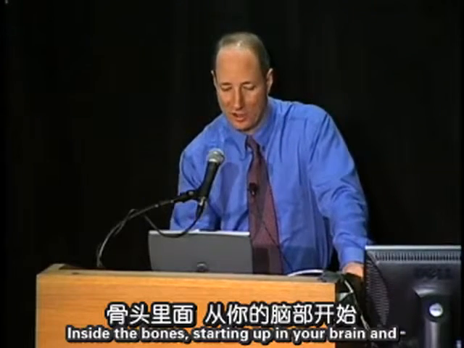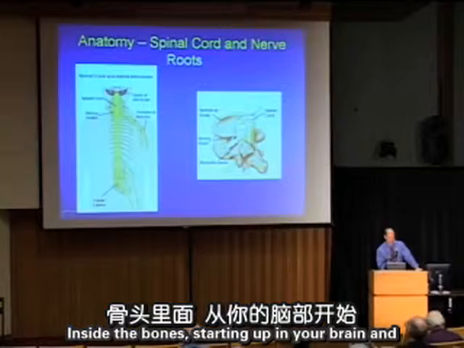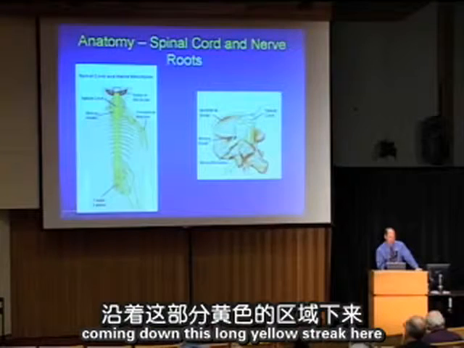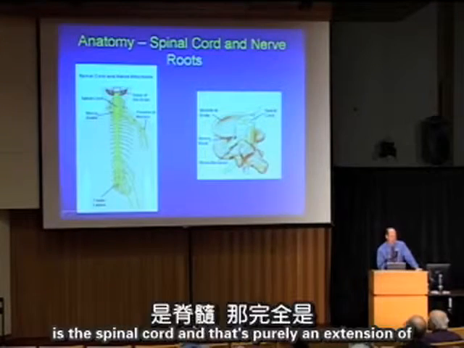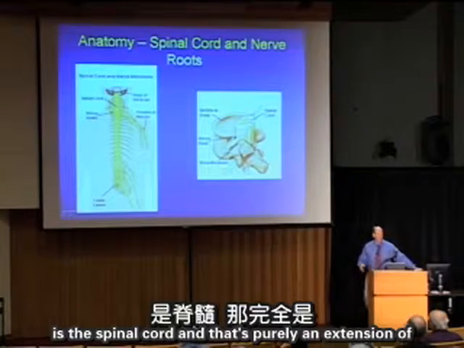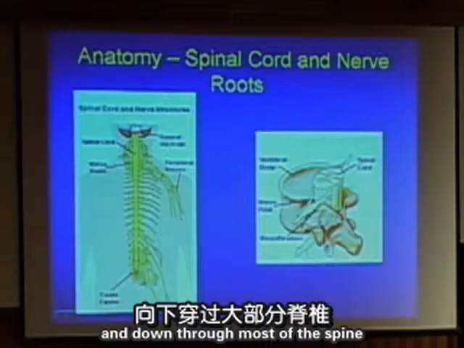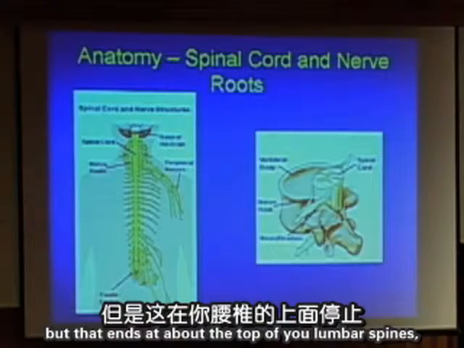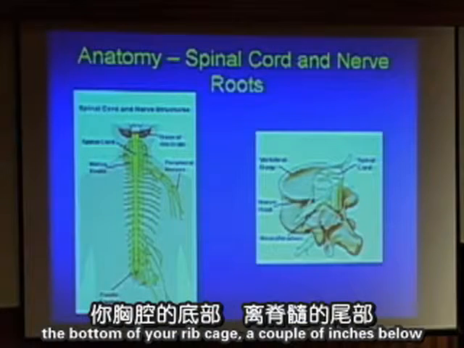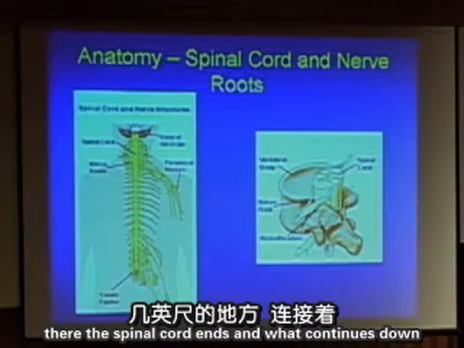Inside the bones, starting up in your brain and coming down, this long yellow streak here is the spinal cord. And that's really an extension of brain tissue that comes down from the bottom of the brain and down through most of the spine. But that ends at about the top of your lumbar spine. So at the bottom of your rib cage, maybe a couple of inches below there, the spinal cord ends.